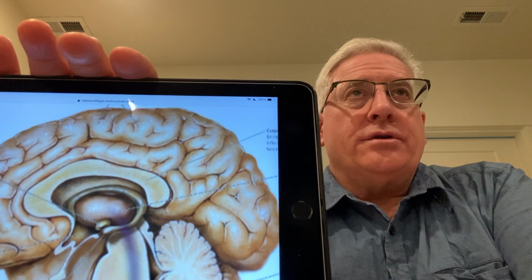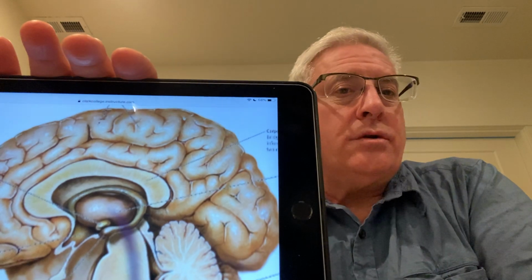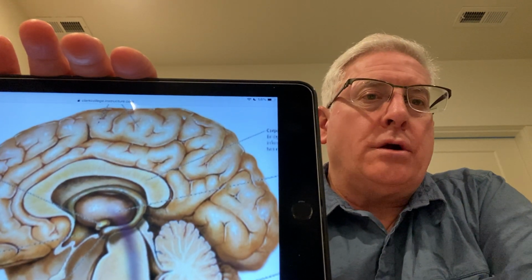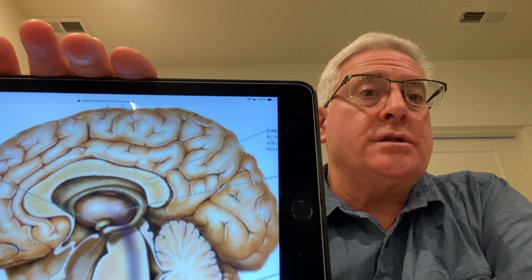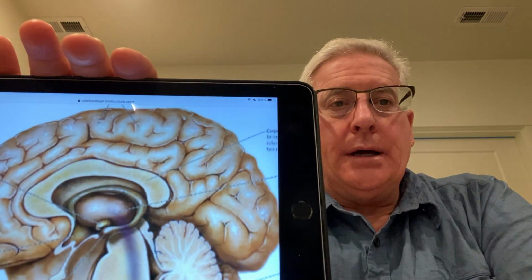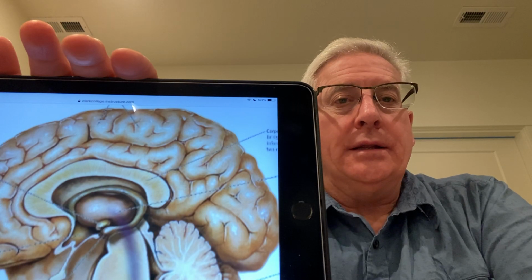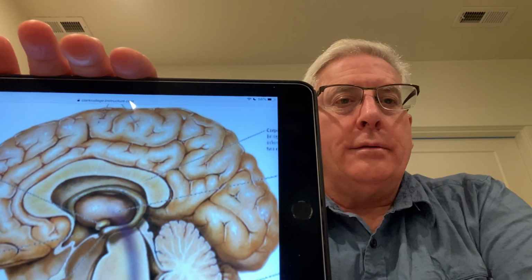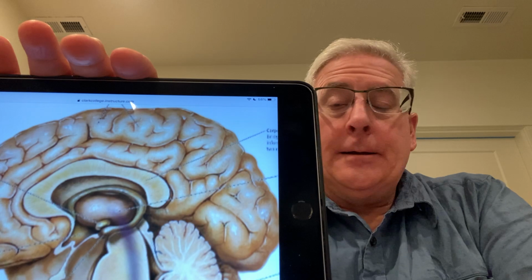And that's important to understand. The more central a stroke, the more damage that occurs, because the more central, the more things are connected to other things. The more to the periphery, the less global the effects of a stroke would be.